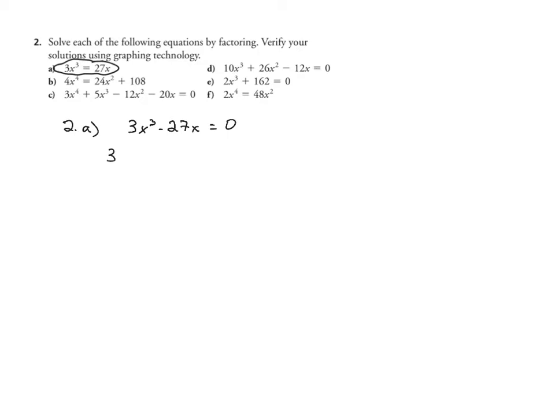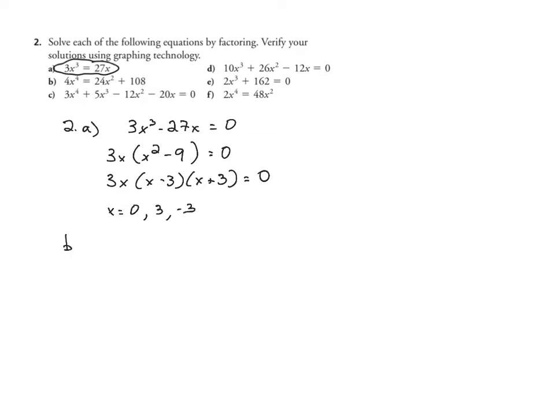There's a 3 and an x that go into both of those, and you're left with x squared minus 9. Well, that's convenient. Now we have a difference of squares, so we can say this is x minus 3, x plus 3. So we know that this equals 0, right? So x must equal either 0, 3, or negative 3.